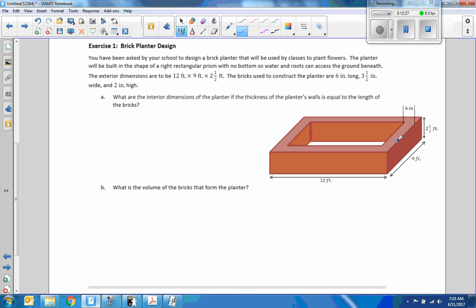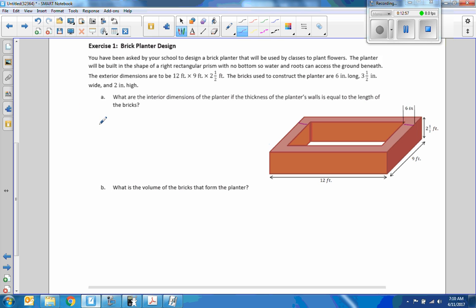Okay. So it says, what are the interior dimensions? So I want to know this interior dimension. Well, if it's 12 feet on the outside dimension, and this is 6 inches, we need to subtract 6 inches from here and 6 inches from here, totaling a foot. So that'll drop us down to 11 feet. So the inside length is going to be, first thing, 6 inches is half a foot.